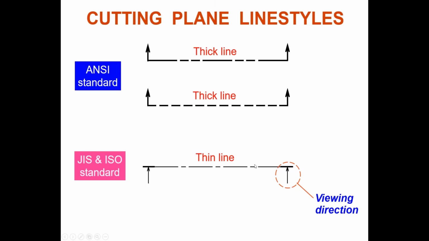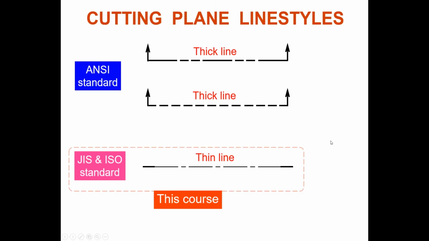That's to show your viewing direction. You must put the arrow to show the viewing direction of your cutting plane. Right. In this course we use this ISO standard, so you will do this line. Don't use ANSI, that is American practice.